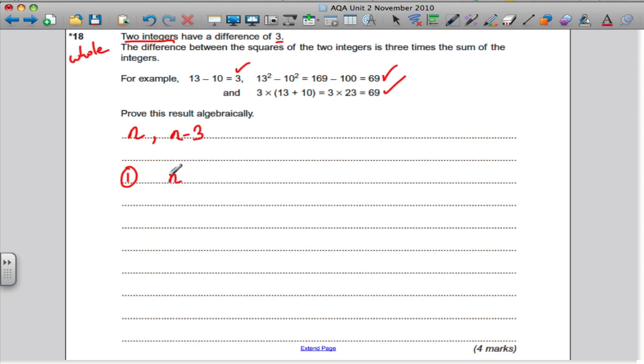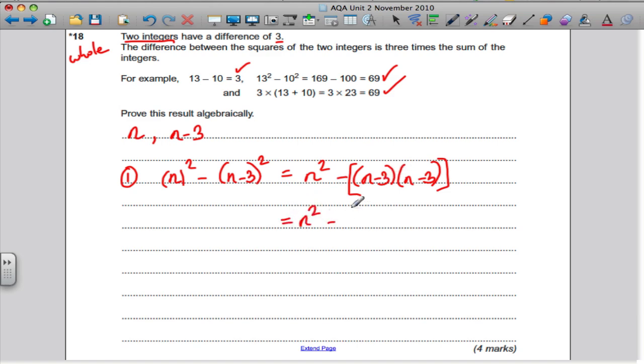So let's do n, that number squared, and subtract n minus 3 squared. Well, the number n squared is just n squared, and we want to subtract all of this squared. Well, that means n minus 3 times n minus 3. I'm going to put big brackets there to say I'm going to subtract this whole answer afterwards.